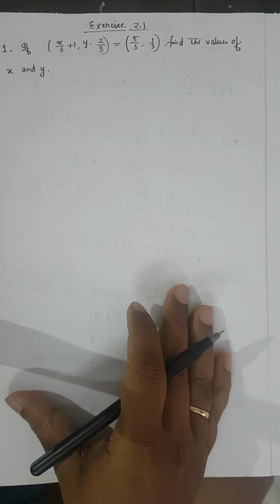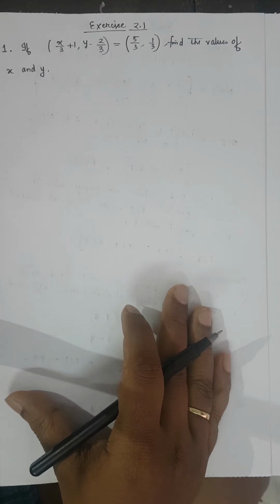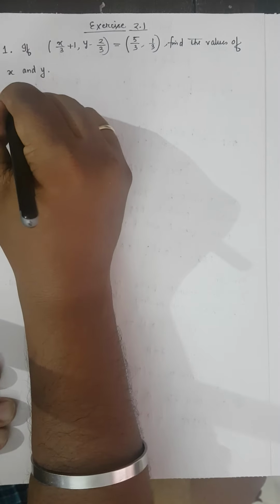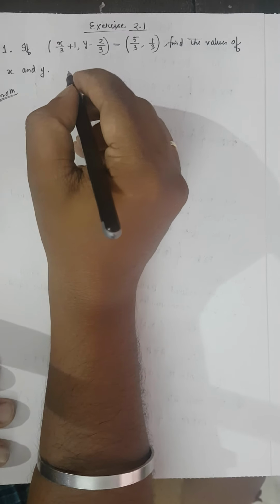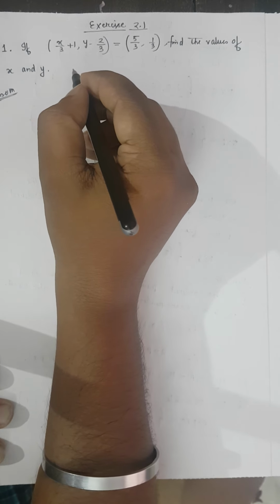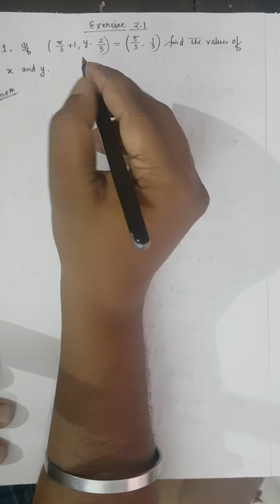Here comes the first question. If (x/3 + 1, y - 2/3) is an ordered pair equal to another ordered pair (5/3, 1/3), find the values of x and y. So solution: we have already told you two ordered pairs are said to be equal if their corresponding elements are equal.